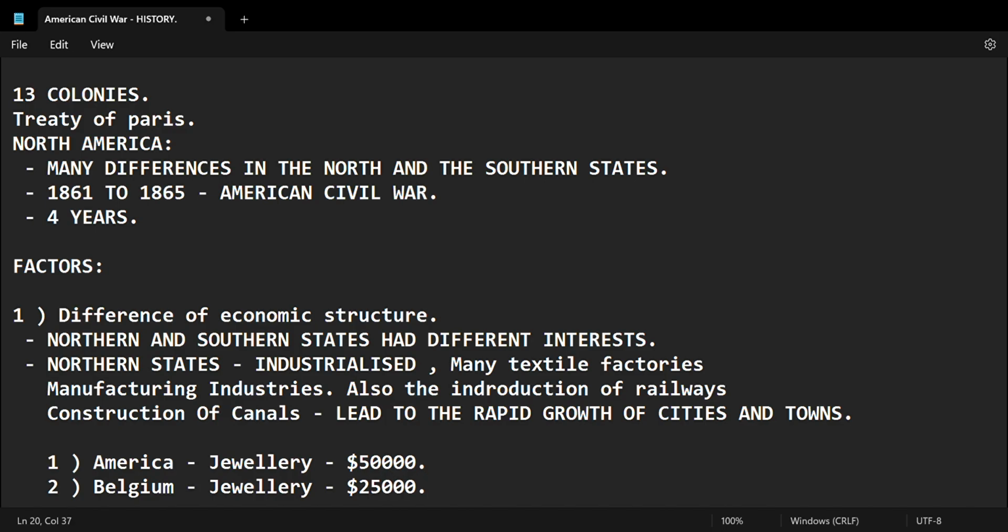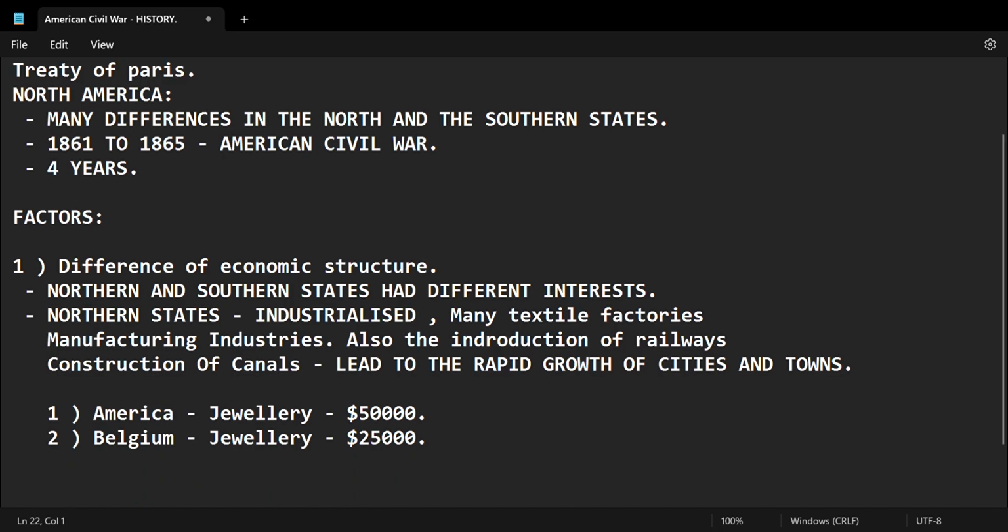So any normal person would buy the same jewelry from Belgium. Why? Because it has a cheaper rate than America. So the American people notice this, and hence there will be competition. If there is competition, then America will not be able to sell as many goods as Belgium will sell. That is why they introduced tax.